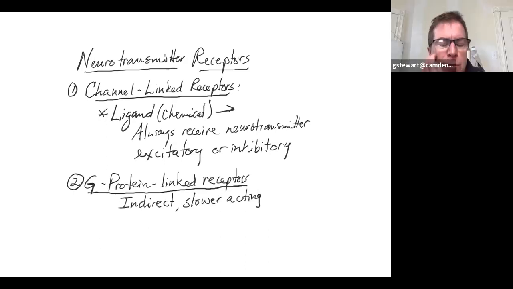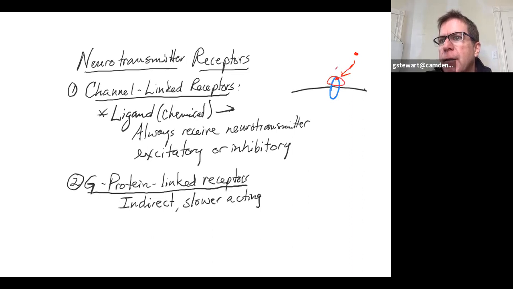The reason is because there's more events that have to occur. Rather than, up here, if we have a channel-linked receptor, if a chemical binds to this receptor, it opens up and things come in. On G protein linked receptors, typically there's a surface receptor protein, but it's linked to another protein inside called a G protein.